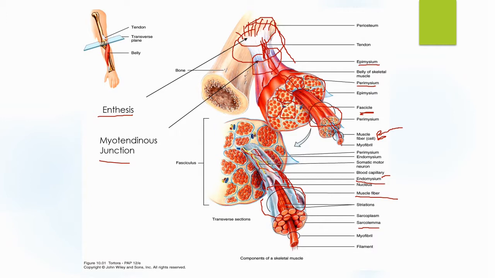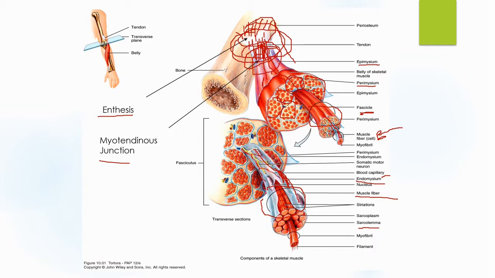The epimysium continues backward also and contributes to the structure of the tendon, which then becomes continuous with the periosteum of the bone. So this tendon structure right in through here is composed of contribution from the endomysium, the perimysium, and the epimysium.